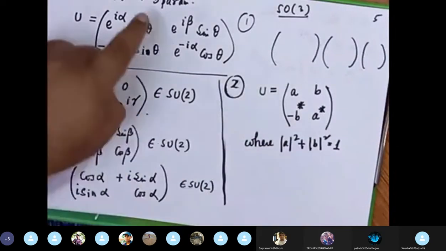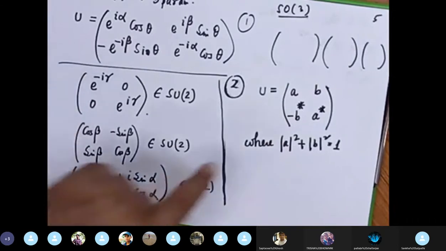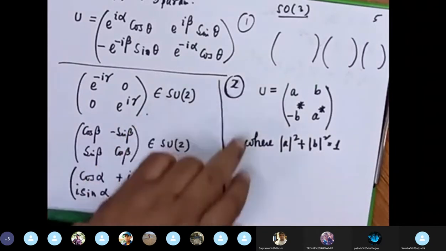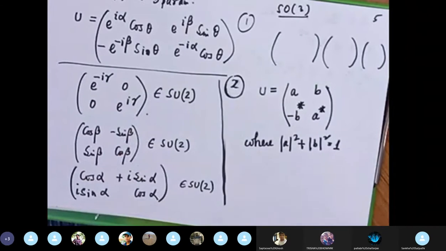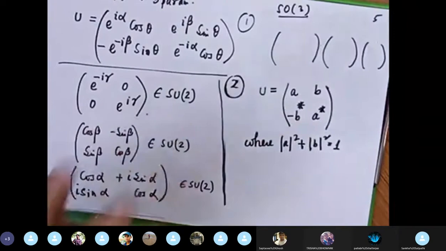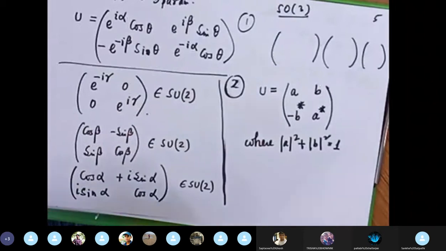You can check that all these parameterizations satisfy this property. So this is a compact way of writing this unitary matrix with the extra condition. In that sense, it is not a parameterization. A and B are not independent here, they are dependent through this. But we write it for the calculation, because later we will put A equal to something, B equal to something.